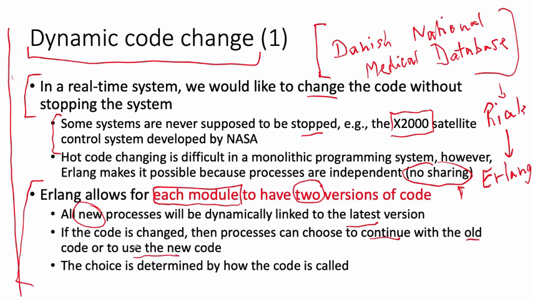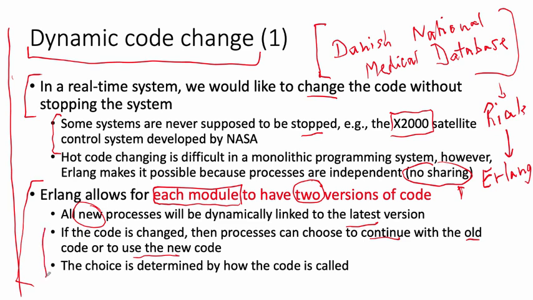Whenever the code of the module is updated, all the running processes are running with the old code, but they will decide when they are ready to switch to the new code. Each process will decide. Basically you send a message, and all the processes will eventually update themselves to the new code.